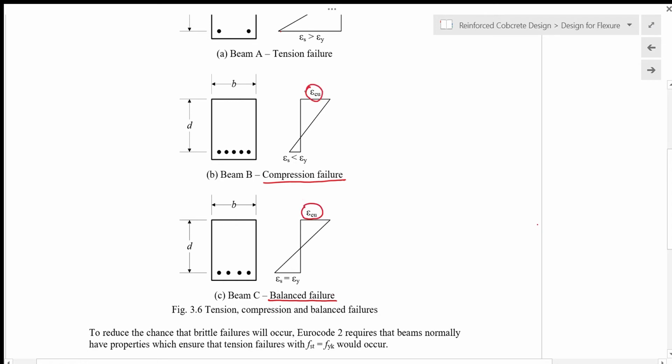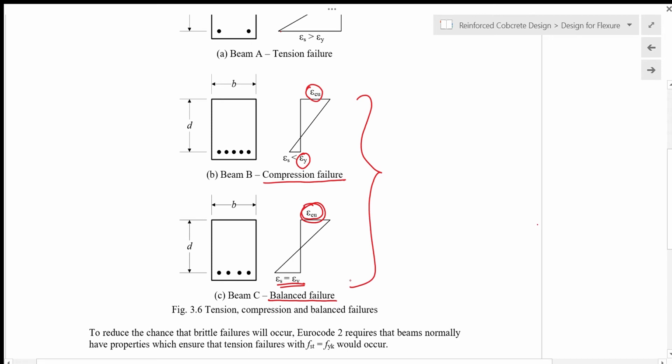In compression failure, the steel will not yield, so there is no distinct point where the beam will indicate the failure of the steel in yielding. Same as for balance failure, the steel will yield exactly at the point when the concrete crushes. So these two types of failure are very brittle.